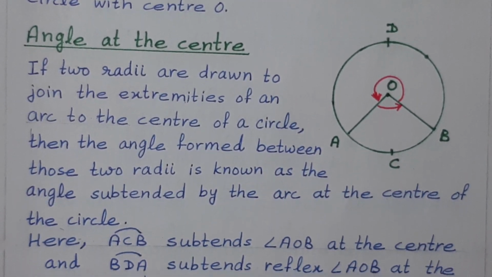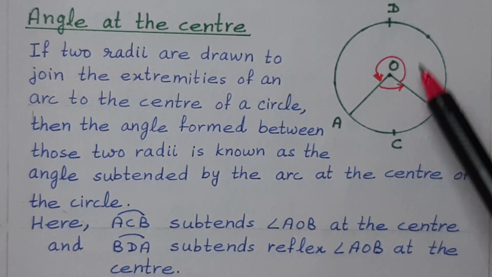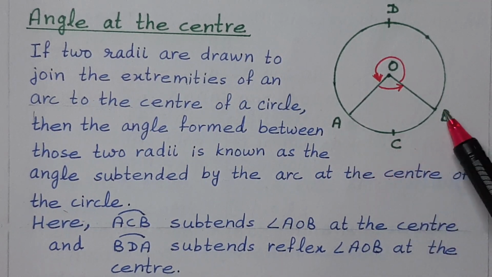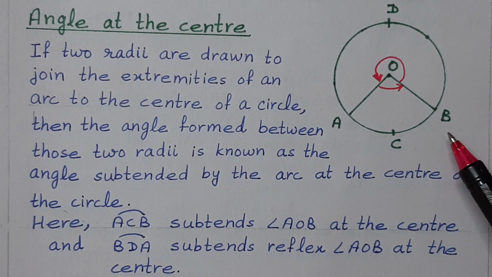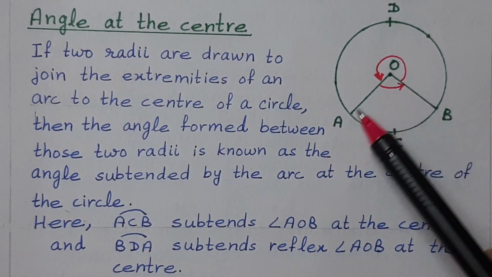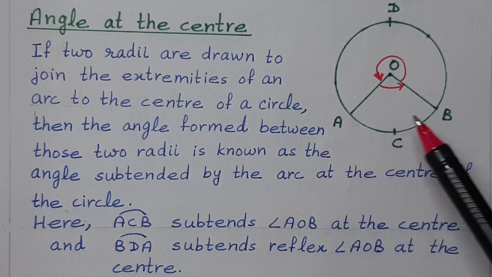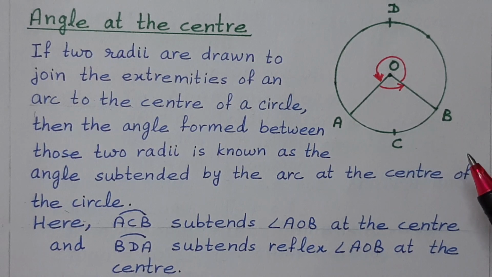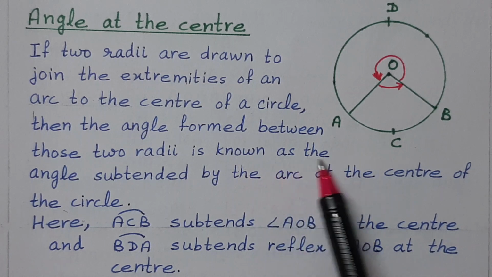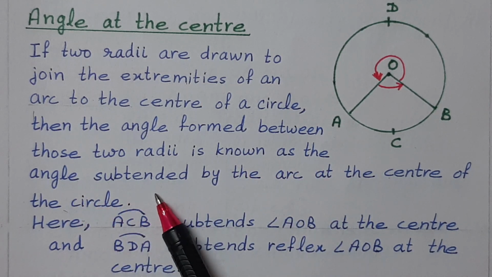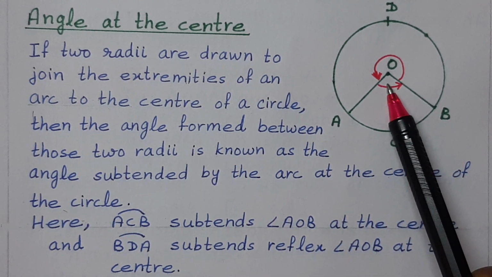Okay, now next is angle at the center. Now let us see what is angle at the center. We can see in the diagram we have A, C, B, D as points lying on a circle. So if 2 radii are drawn to join the extremities of an arc at the center of the circle, then the angle formed between those 2 radii is known as the angle subtended by the arc at the center of the circle.